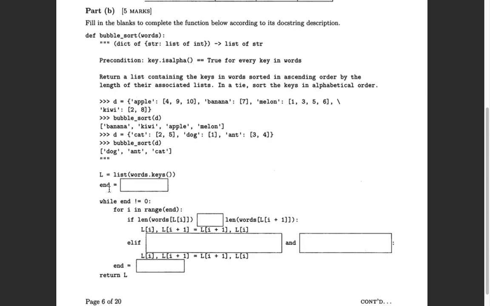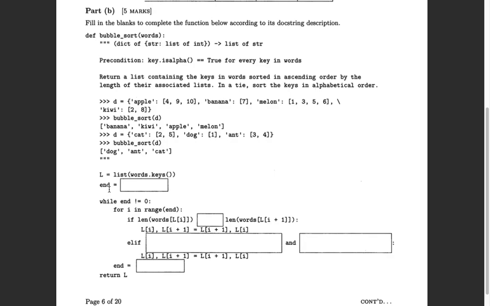So oh, why is there a dictionary? Return a list containing the keys and words sorted in ascending order. Okay, well, I lied, but still everything I said is basically true. Because now we're being asked to sort strings, and we have to sort those strings based on the length of the string. So just replace every list I said with the word string.